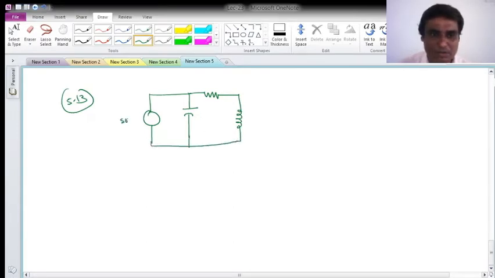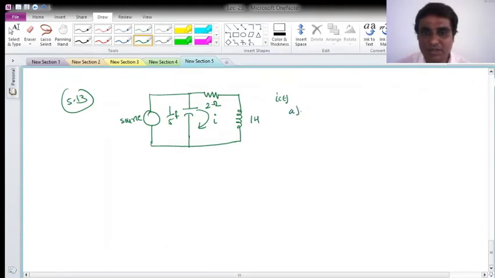This is a generalized source. Which source? It has not been given. The capacitor is 1/5, the resistor is 2 ohm, and the inductor is 1 Henry, and you have to solve for I. You have to find the free response for I(t), for two conditions. One is when your source is a voltage source, which has not been specified, and B is when your source is a current source.